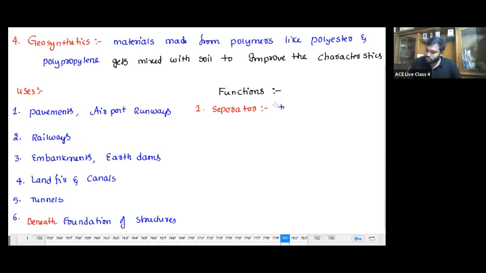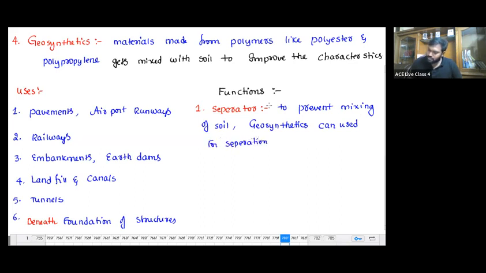So to prevent mixing of soils, geosynthetics can be used for separation. How, sir?